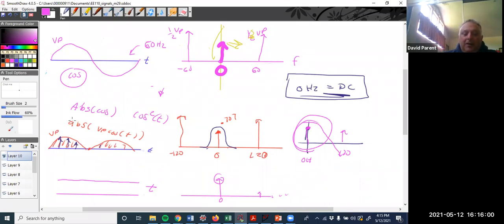So this part is the absolute value, and this part, we use a low pass to turn it into that. So is that what you were thinking?